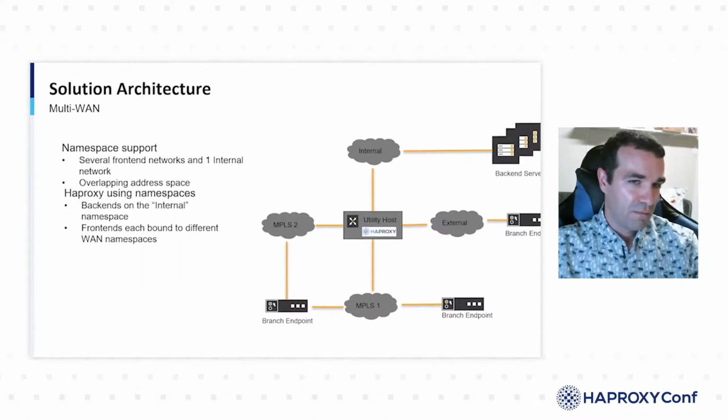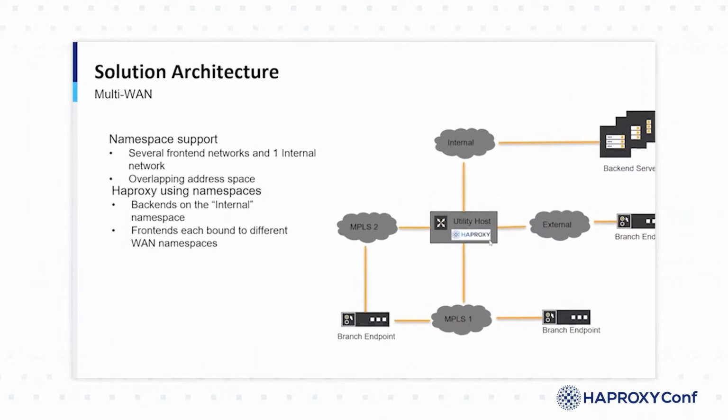One of the very important things that we're leveraging in HAProxy is the use of namespace support. So in Linux, when we configure these different network interfaces, we place them in different network namespaces. So HAProxy needs to be listening, it needs to have one leg in each of those network namespaces, because each of them could have overlapping address space. They're not only overlapping, they could be identical.